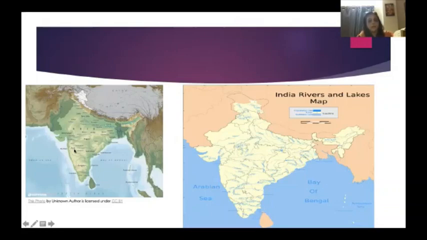The rivers and the lakes of India are shown on this map. So it shows the rivers, the water bodies, and also the structures that have been made by humans such as roads, canals, etc.